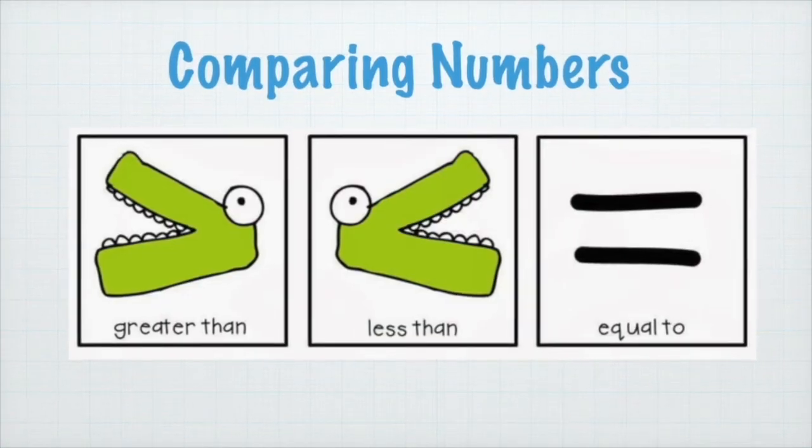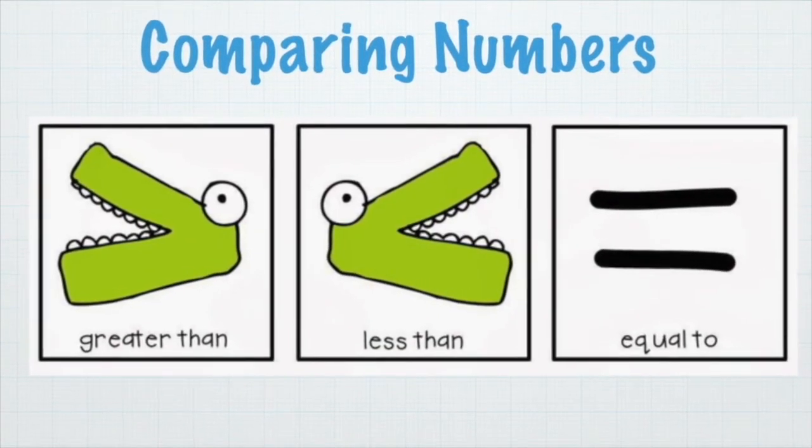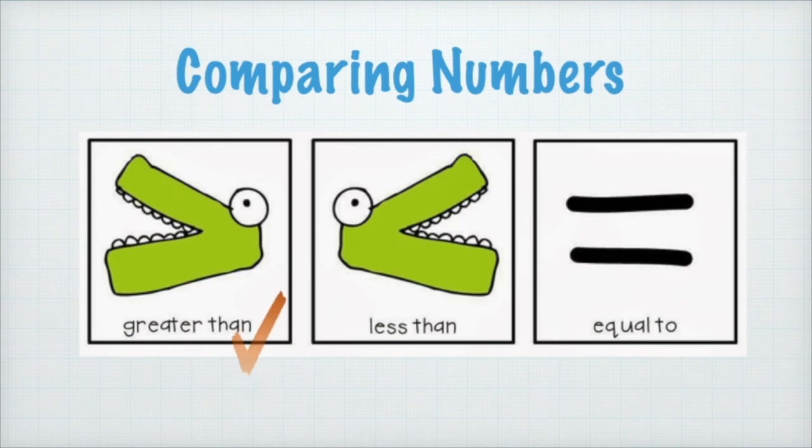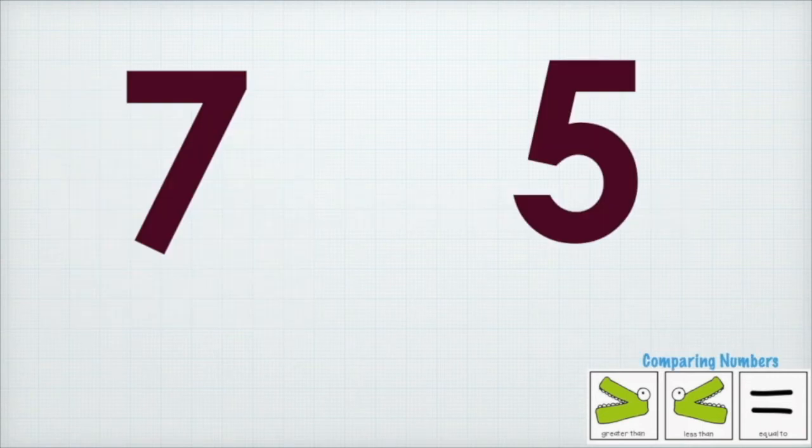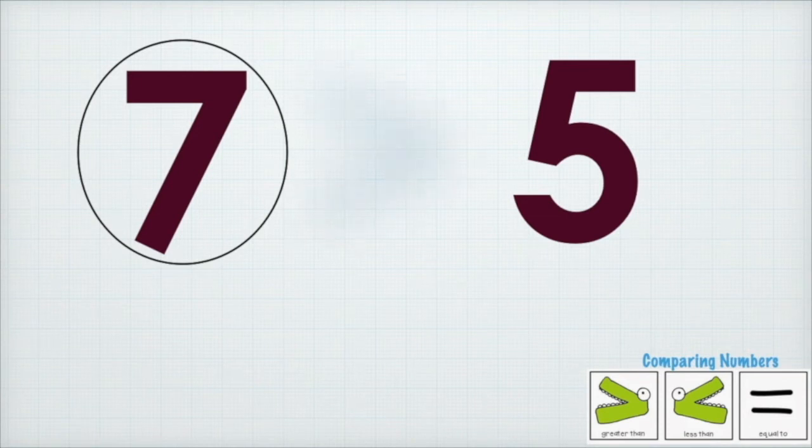Today's lesson is about comparing numbers. So we will know greater than, less than, and equal to. This is greater than. 7 and 5. 7 is bigger than 5.